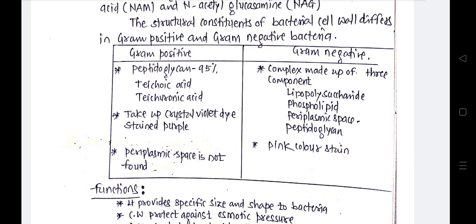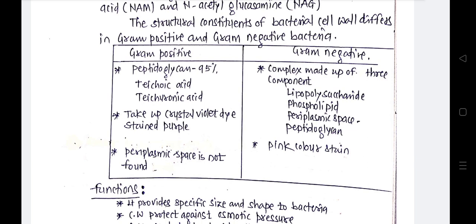Apart from that, it is made up of three components: the lipopolysaccharides, phospholipids, periplasmic space and a very small amount of peptidoglycan. The gram positive is stained with crystal violet and therefore gives the purple color, whereas the gram negative gives the pink color stain.